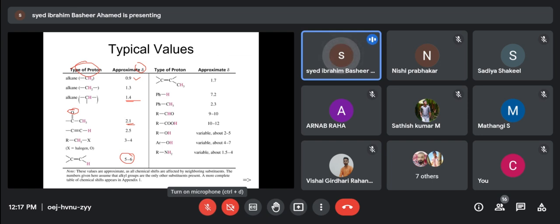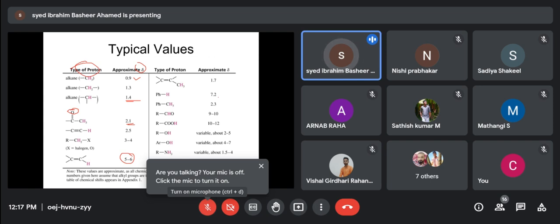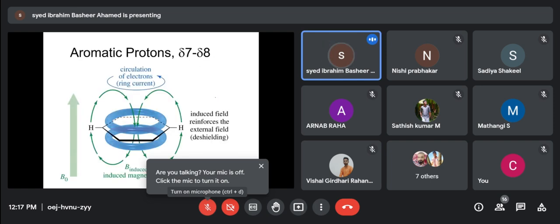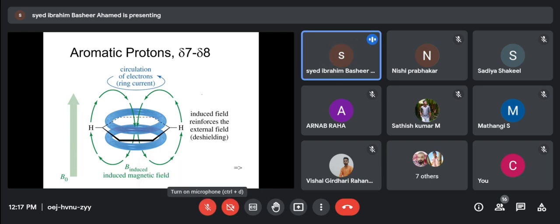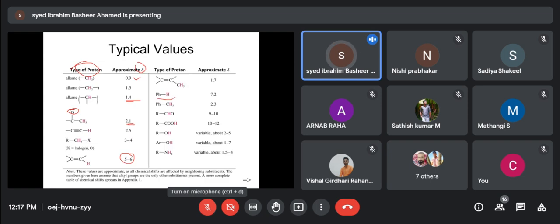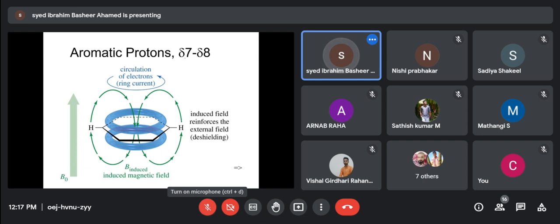Don't think about why this Ph; it's just phenyl, C6H5H. These protons will have a higher delta value. So here you can see aromatic protons. This is an aromatic proton, benzene, and the delta value will be around 7 to 8.